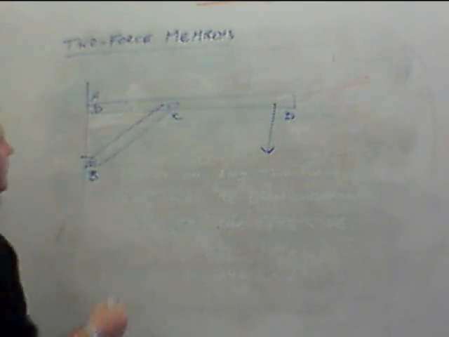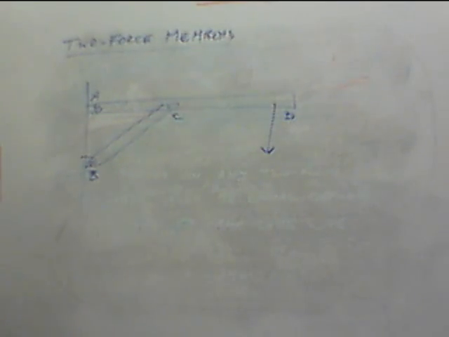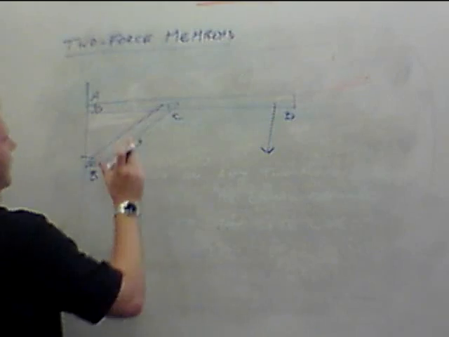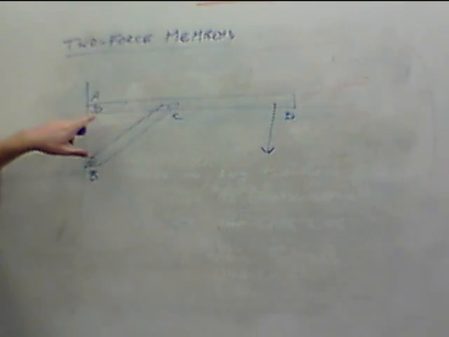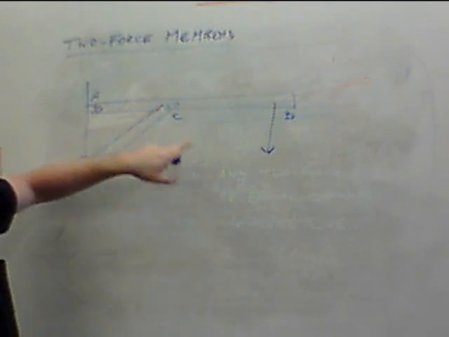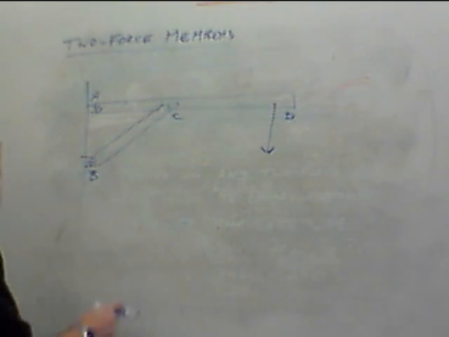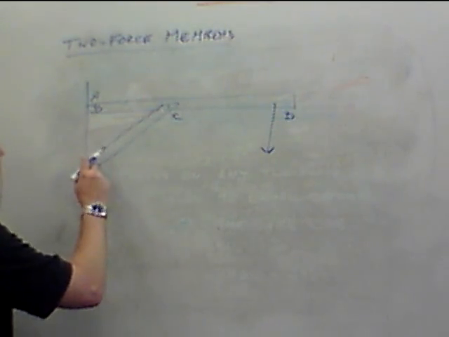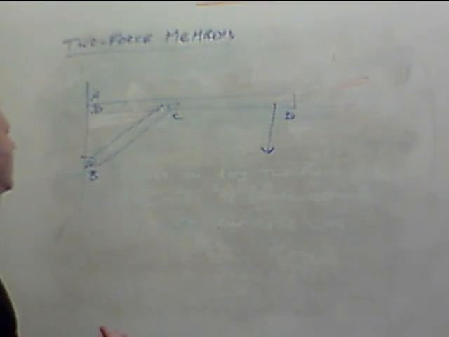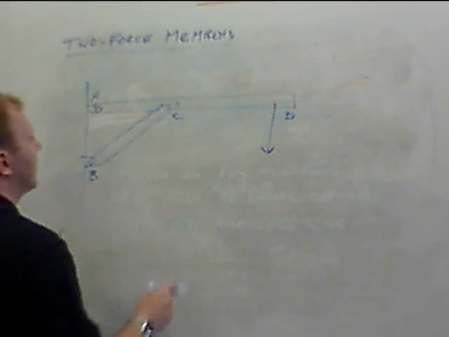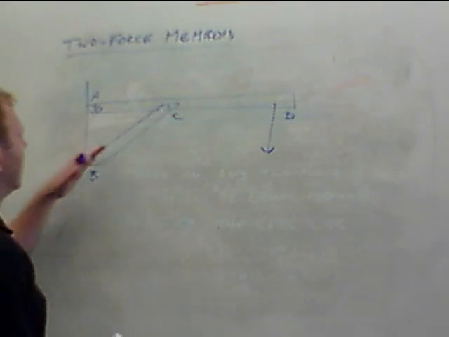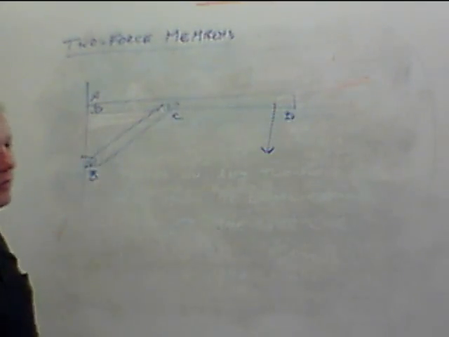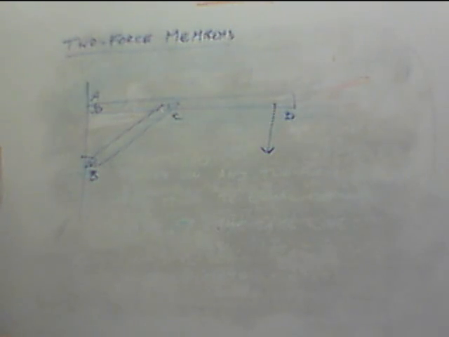Beam BC had to be a two-force member. Again, there's a force at B, a force at C, nothing else happening. Beam ACD, however, was not a two-force member. It had forces at A, forces at C, forces at D. Even though we split this into two components, it's still only one force. There's a force applied at B, a force applied at C. That would have allowed us to know that this force had to be along this line, which would have gotten us one step closer to solving it.